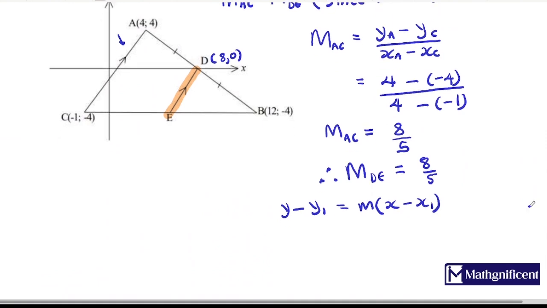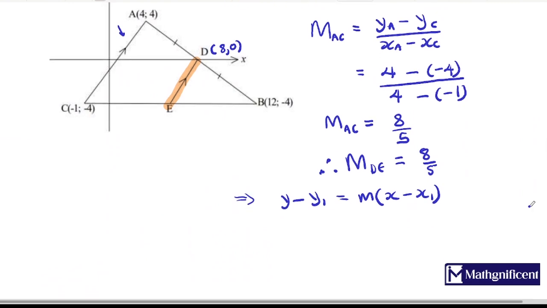We know that y1 and x1 come from the coordinates of D, and our gradient is 8/5. Looking at this, we can use this equation because we have a gradient and 1 point. So we are going to substitute by point D.